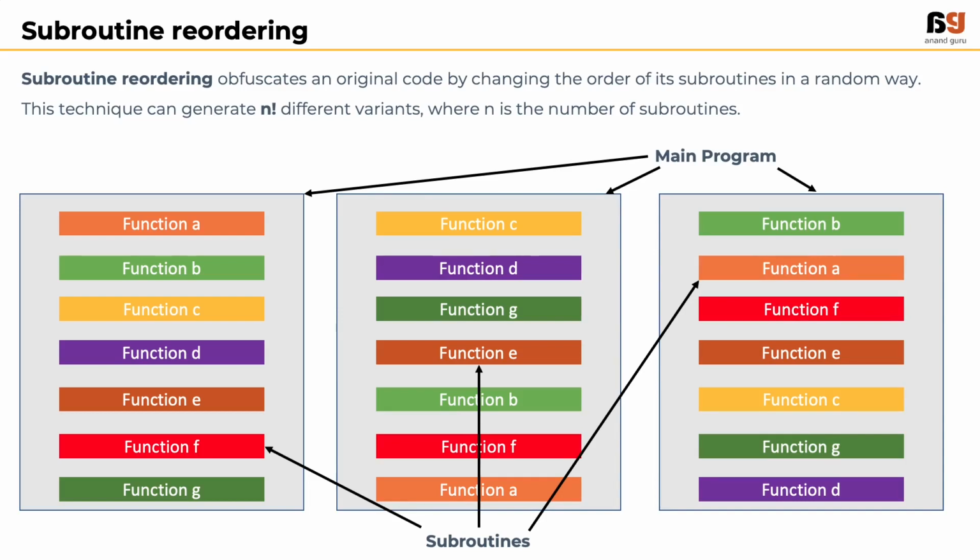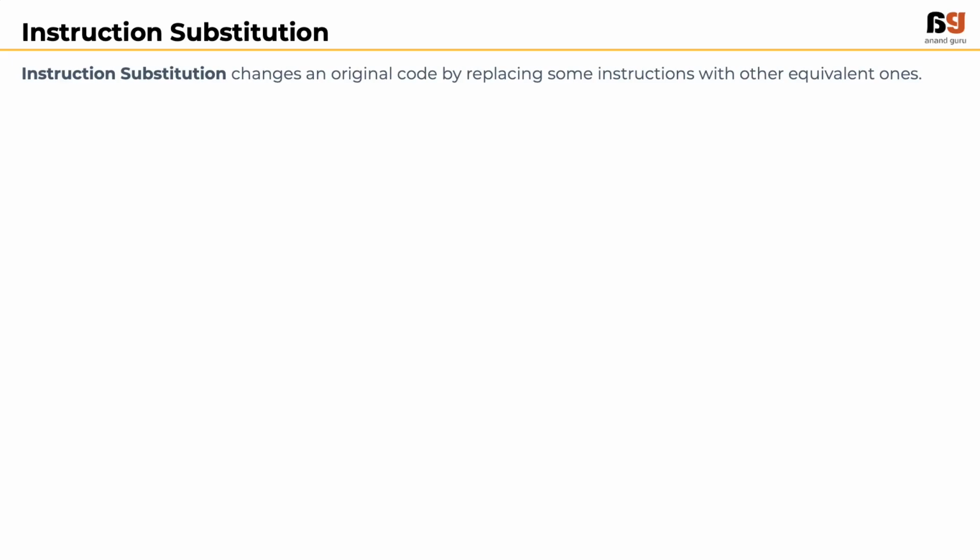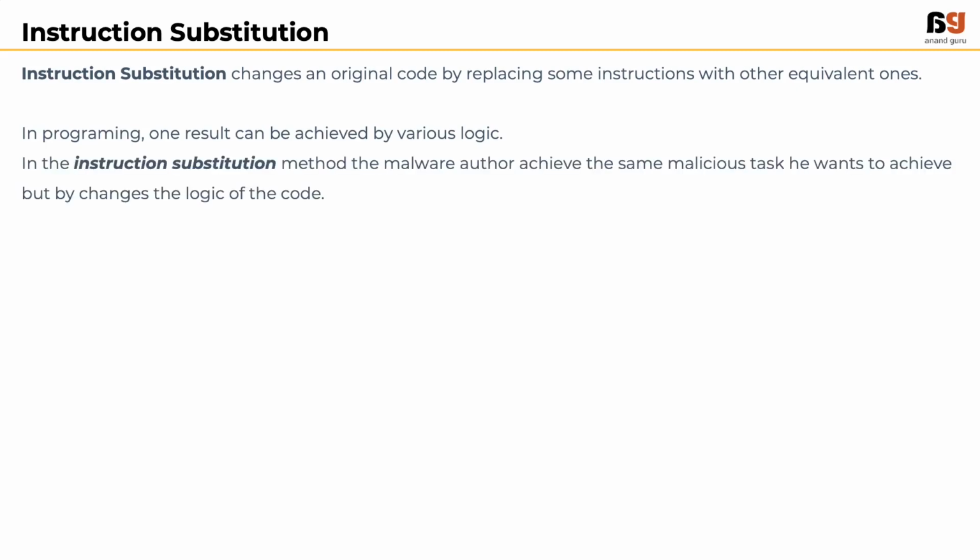Another method is called instruction substitution. This method changes the original code by replacing some instructions with other equivalent ones. In programming, one result can be achieved by various logic. In the instruction substitution method, the malware author achieves the same malicious task by changing the logic of the code, thereby changing the file hash.